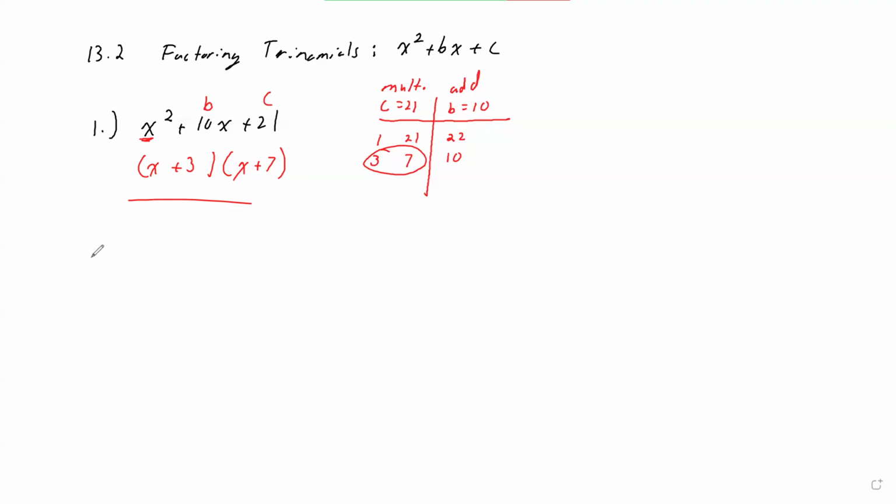All right, so try this one. x squared minus x minus 20. Well, what am I multiplying to?